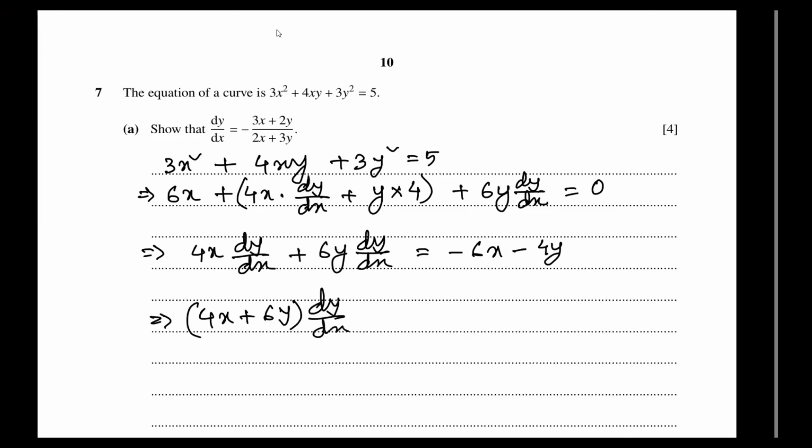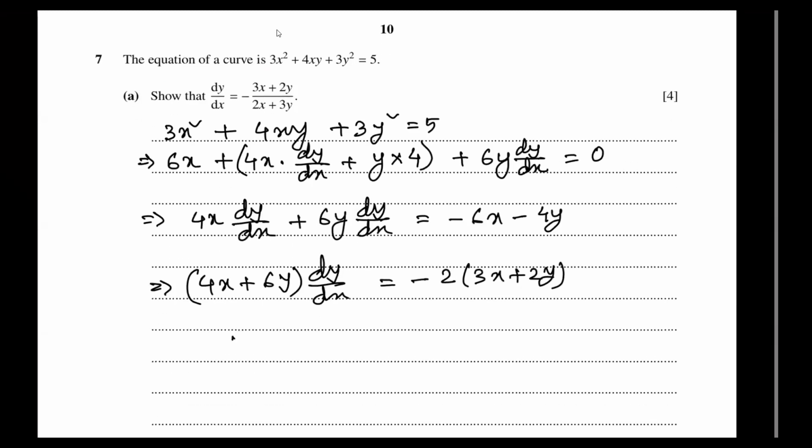On the right hand side, take minus 2 common, so that's 5x plus 2y, 2 times 5x plus 5y. So dy by dx is minus 2 times 5x plus 2y, and take 2 common here, 5x plus 3y, and divide this.